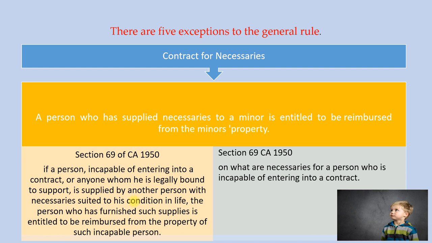In this regard, under Section 69 of the Contract Act, it says that if a person incapable of entering into a contract, or anyone whom he is legally bound to support, is supplied by another person with necessaries suited to his condition in life, the person who has furnished such supplies is entitled to be reimbursed from the property of such incapable person.